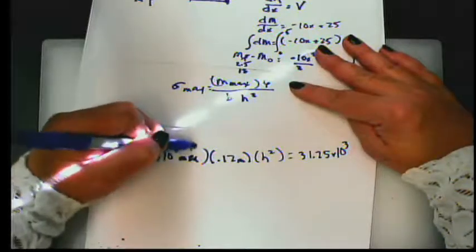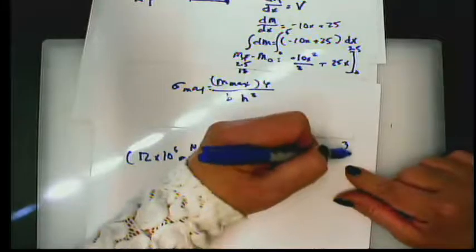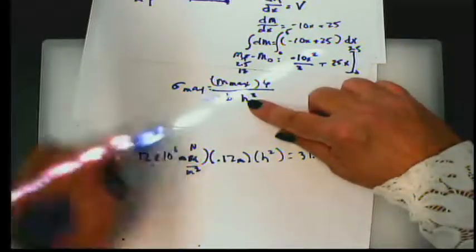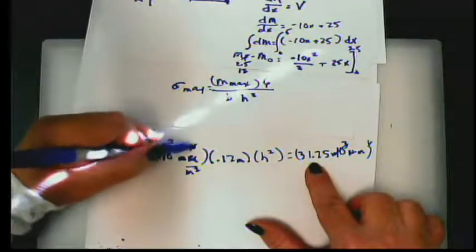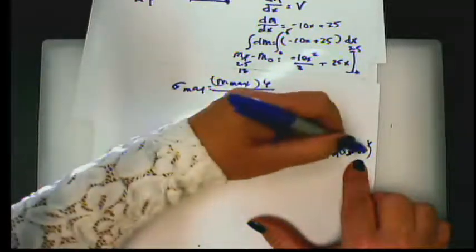Let's write this as Newton per meter squared. There we go. 10 to the third Newton meters times 6. So this goes away. Newtons cancel. Make sure I got all my units correct. Meters cancel. So I'm still good.